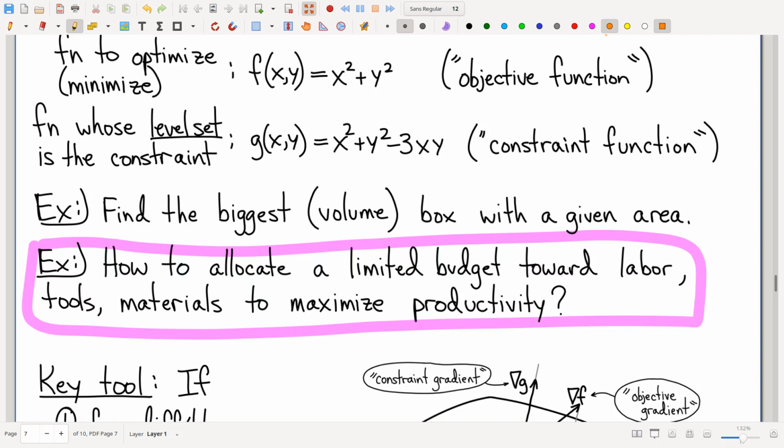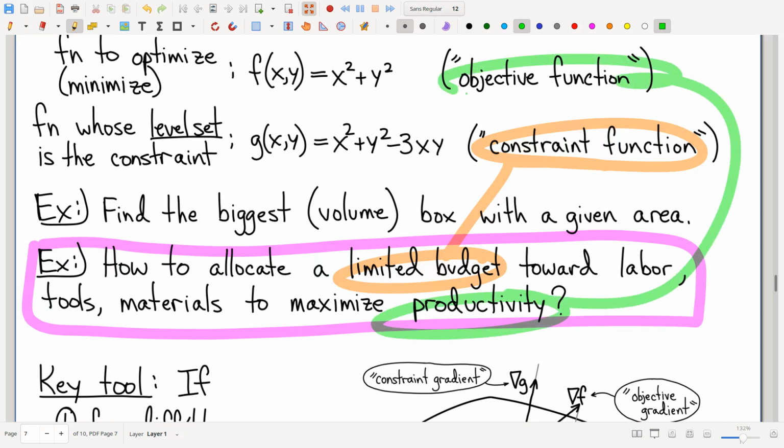So limited budget is your constraint, and subject to that constraint, given that you only have X amount of dollars, how should you allocate those dollars? Labor, tools, materials, right? How much should you spend on what in order to make your productivity as much as possible? So that means productivity is your objective function. All right? That make sense?